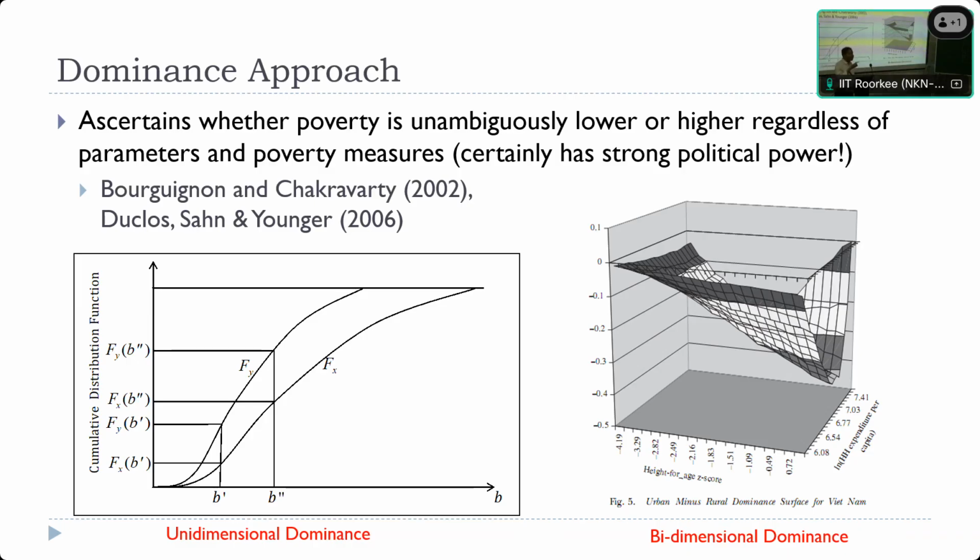You move to 3, 4, and 5 dimensions, life could be very difficult. And it requires a lot of statistical power, a massively large data set when the number of dimensions is more than 2. Okay, just wanted to show you so that you know they exist.